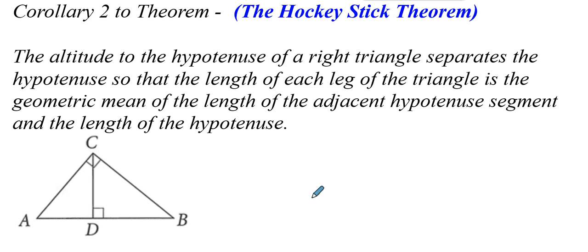The first way, if you know a hockey stick, you have a short end and then the longer side. So that is CB over BA.